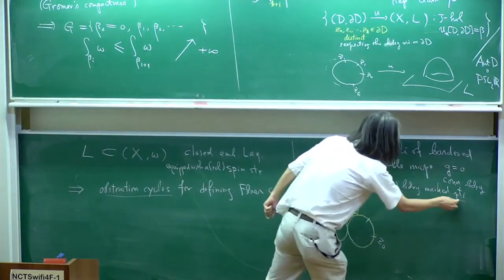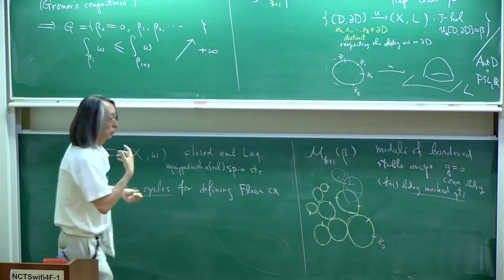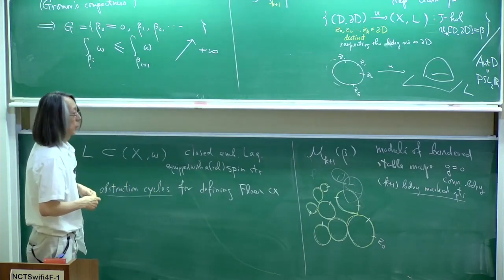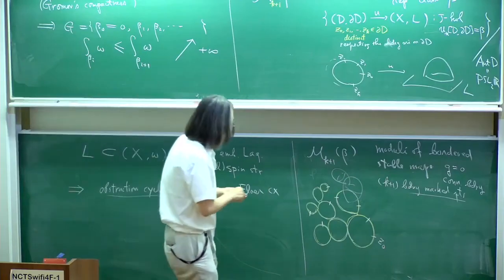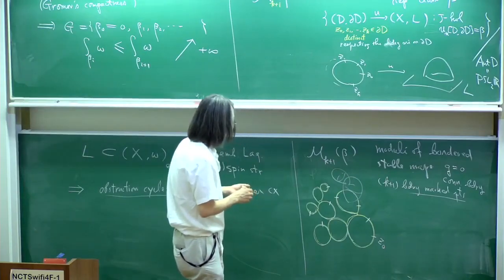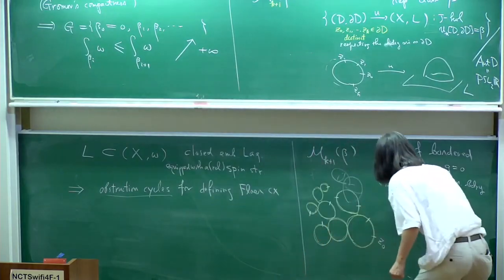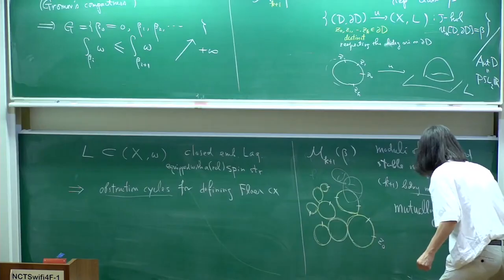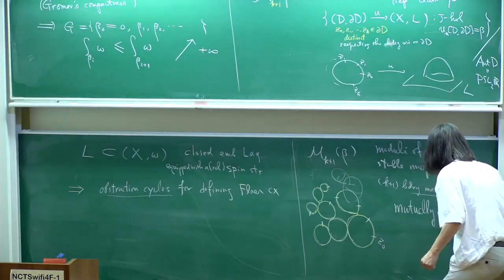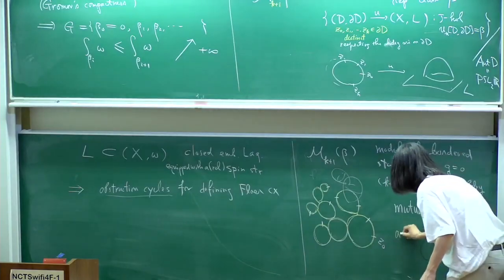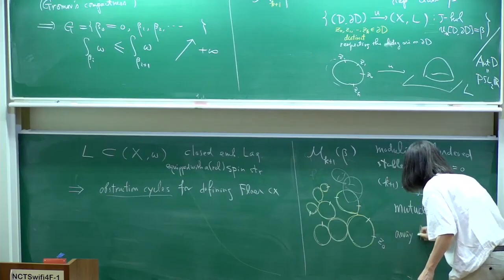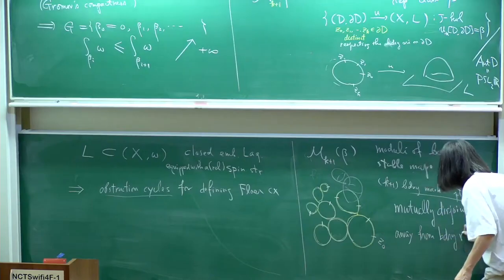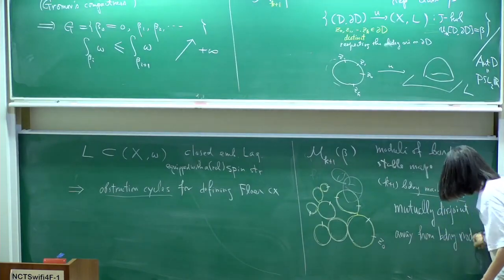So marked points are points on the boundary in this case, mutually distinct, and also mutually disjoint, and away from boundary nodes.